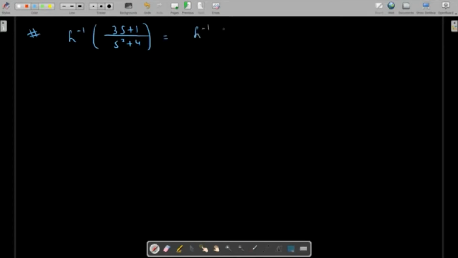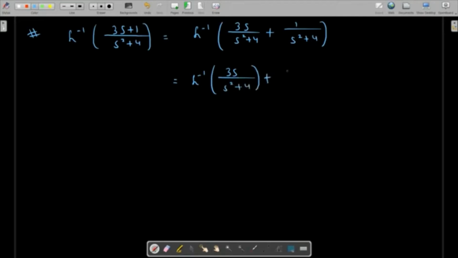I'm going to rewrite this as the inverse Laplace of 3s over s square plus 4, because the denominator is common, plus 1 over s square plus 4. And this can be rewritten as the inverse Laplace of 3s over s square plus 4 plus the inverse Laplace of 1 over s square plus 4.